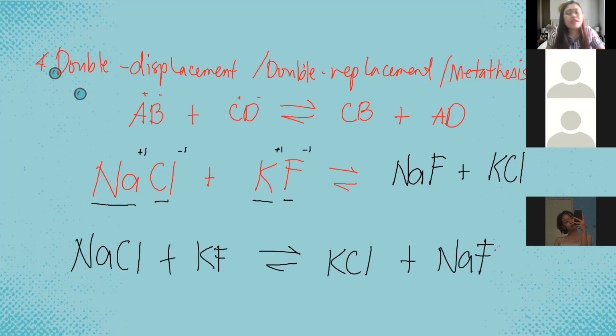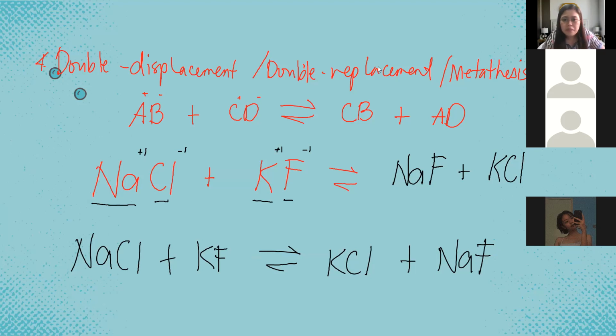This is always possible also. This is also correct. It doesn't matter which you write first as long as your products are correct. That is the good thing about double displacement. Okay? Anything else? Anything else, class? I'll have more of this next week.